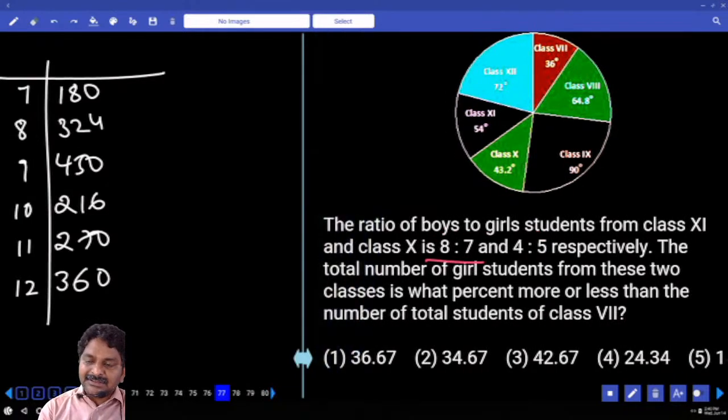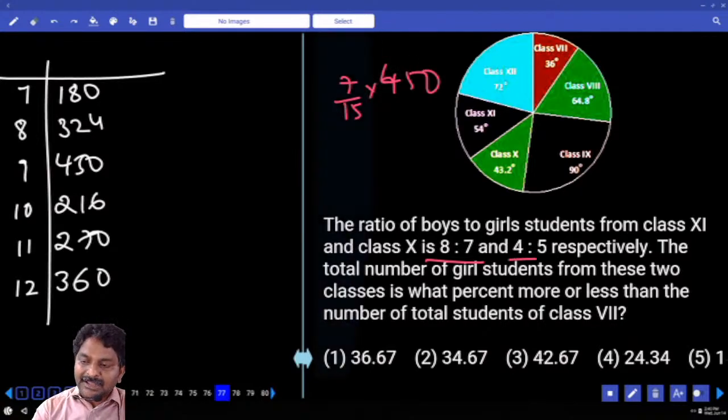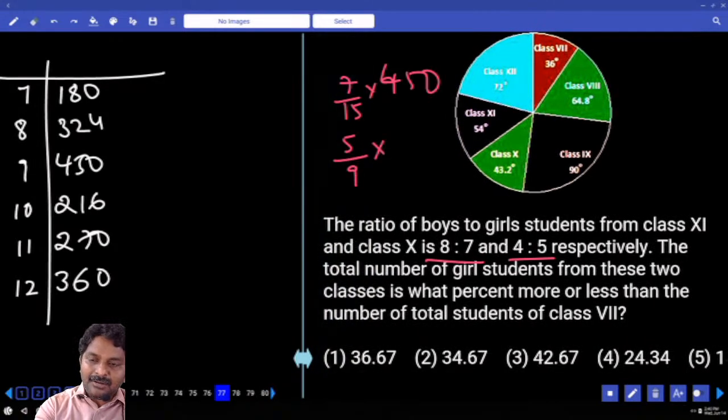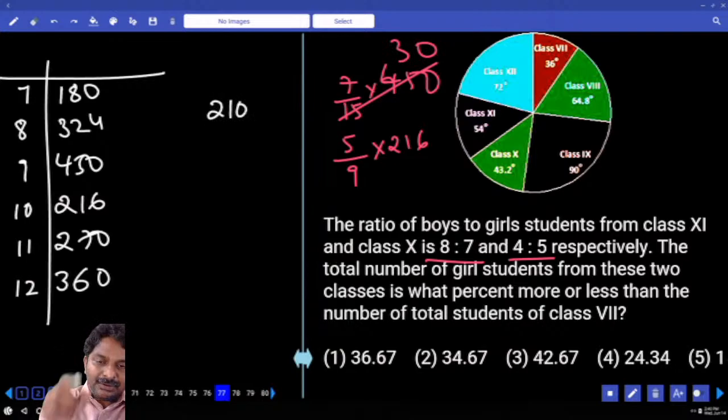In 9th class, girls are 7 parts out of 15 among 450 candidates. In 10th class, girls are 5 parts out of 9 among 216. This is 30 times here, 7 30s, 2 10. 9 2 times and then 4 times.